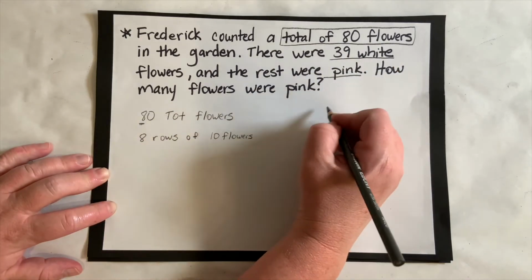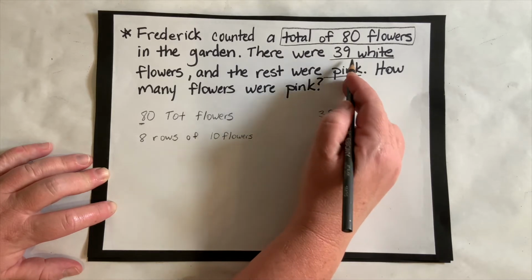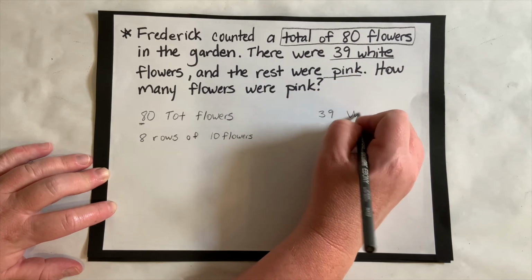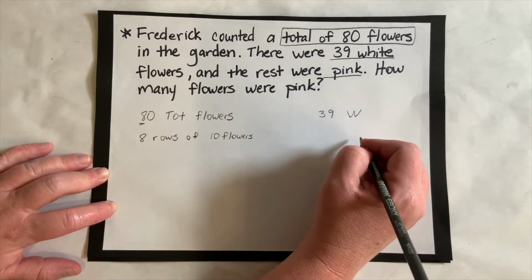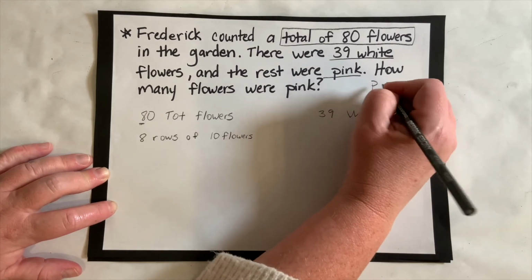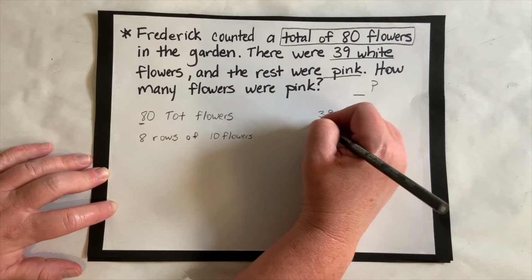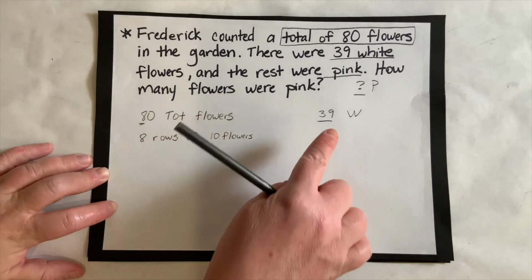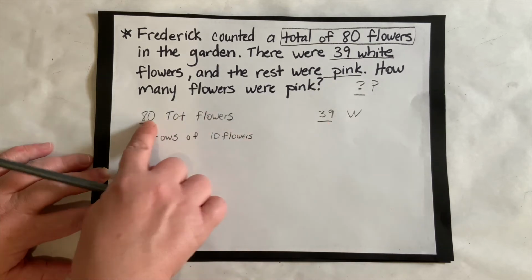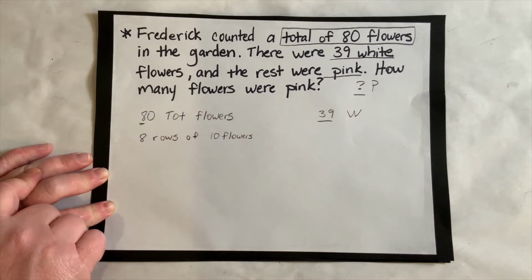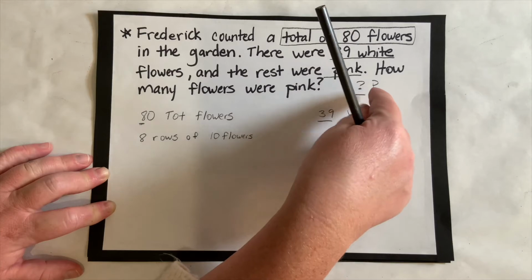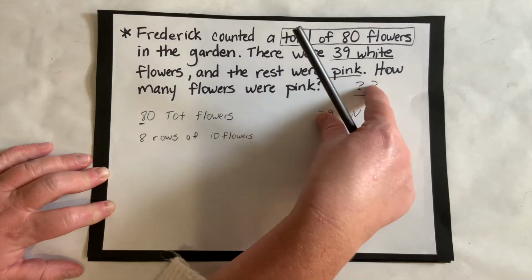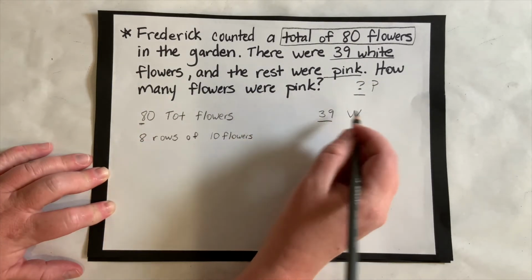Now let's look at 39. 39 white flowers. So I'm going to put a W, right? We don't know how many pink. Here's 39 white. We need to find out how many pink flowers. So you could subtract, what, 39 from 80. Or we could figure out by drawing how many pink flowers there are and add them together. So let's look at 39.